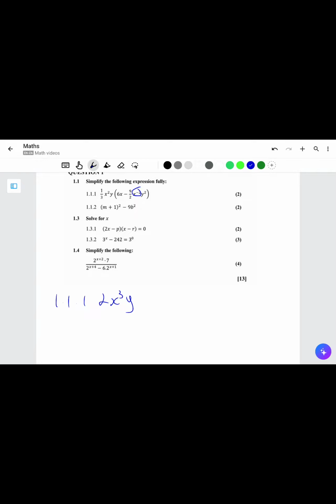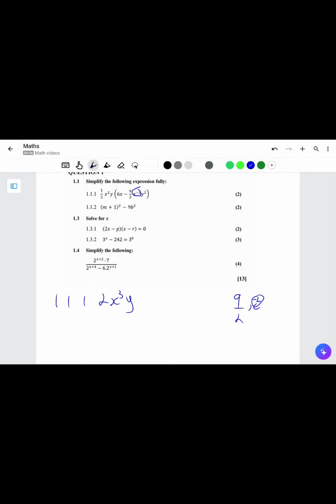So what we actually have is 9 over 2, and you are left with this x to the minus 2 here, right? So you could make it positive by taking it down.